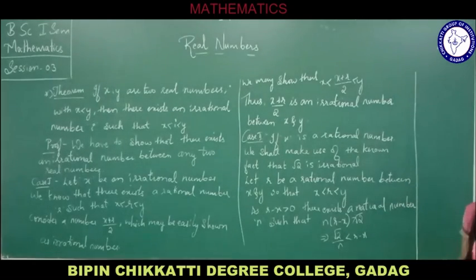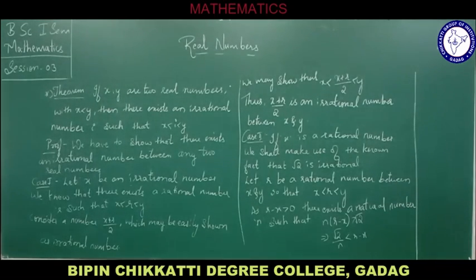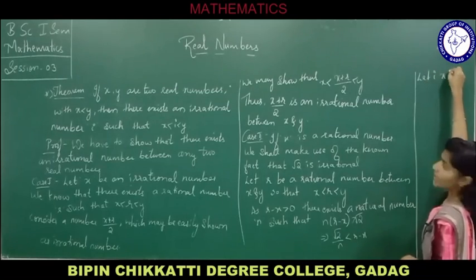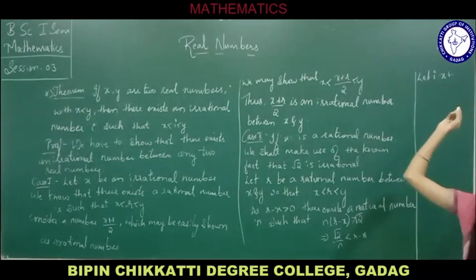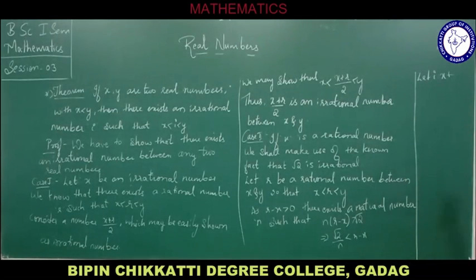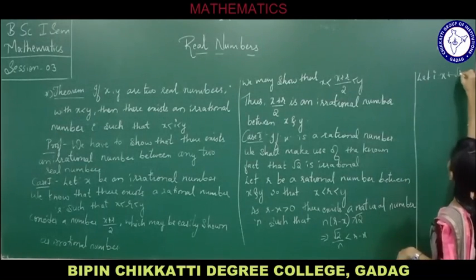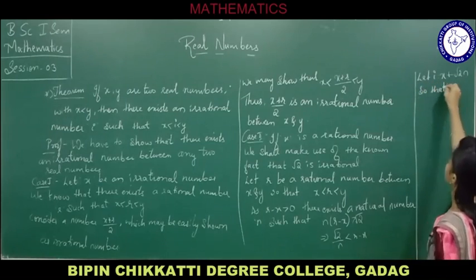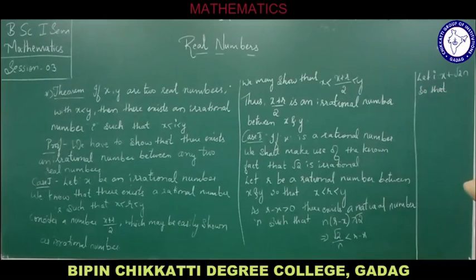Let I be equal to x plus root 2 by n, so that this I is less than r.